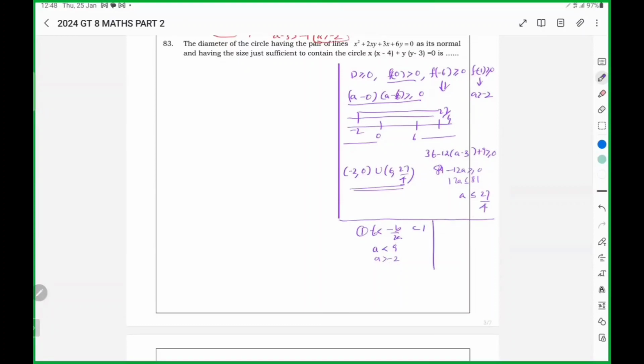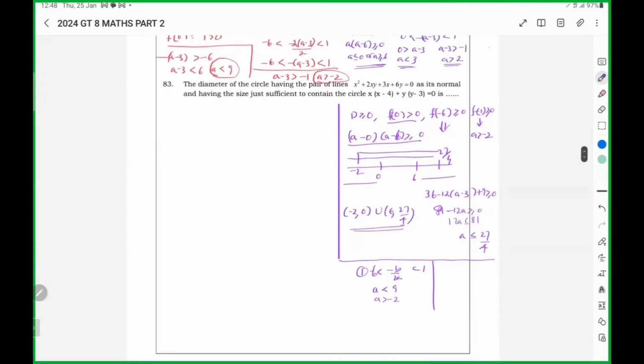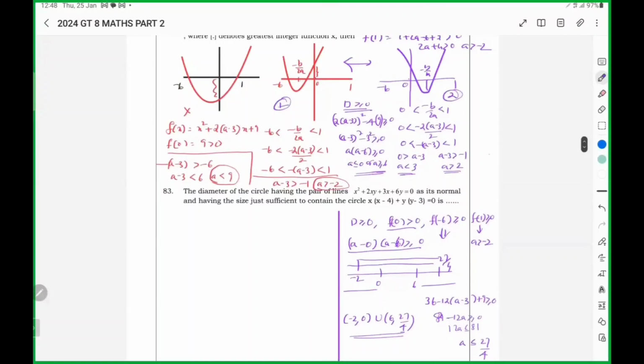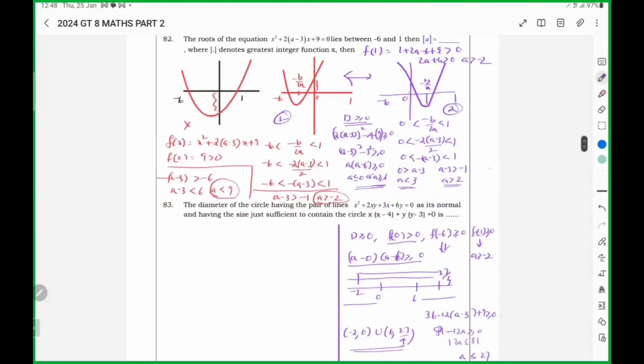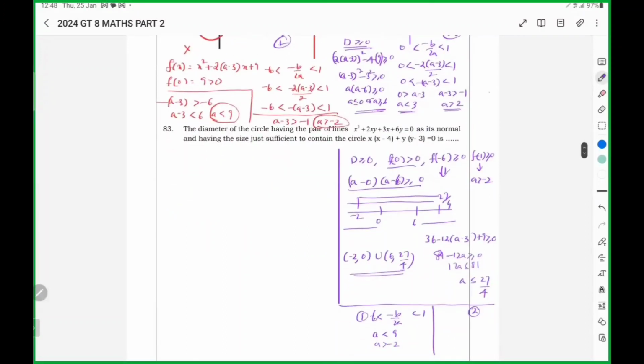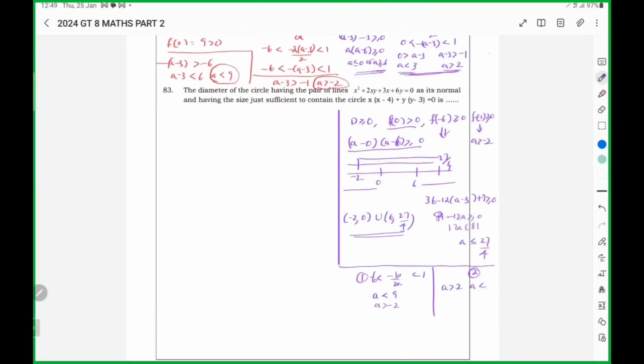And in the other case, minus b by 2a in the second case, less than 1 means we got a greater than 2 and a less than 3, and a is more than 6.